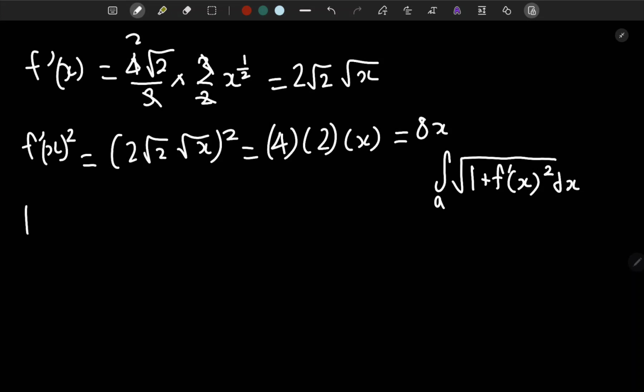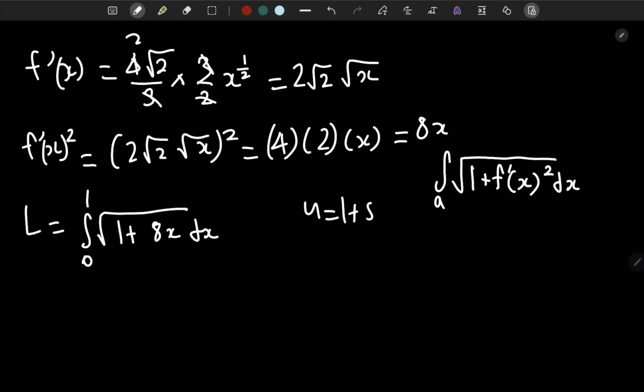Here L is going to be equal to the integral from 0 to 1 of the radical of 1 plus f prime squared, which is 8x, dx. Now we simply integrate this, and let's take u as 1 plus 8x.